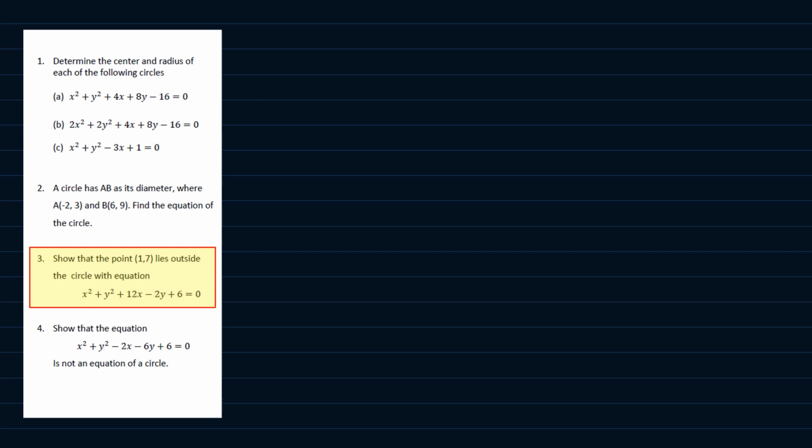On question number 3, it says, show that the point (1, 7) lies outside the circle with the equation x squared plus y squared plus 12x minus 2y plus 6 equal to 0.